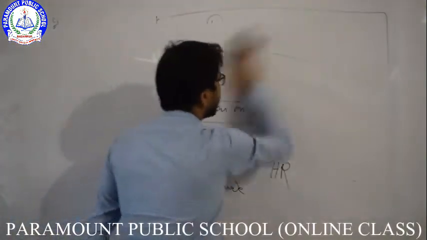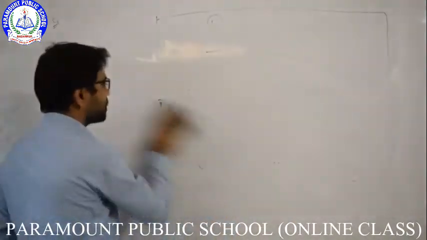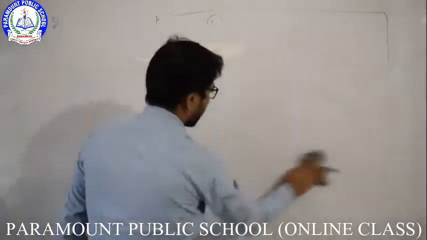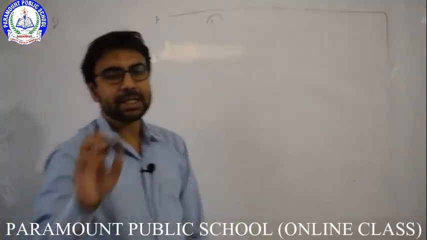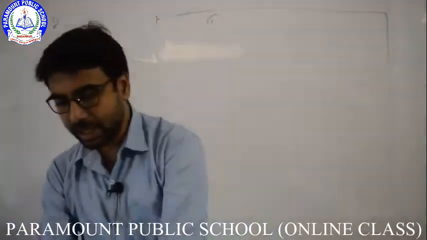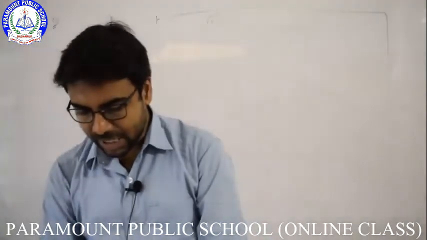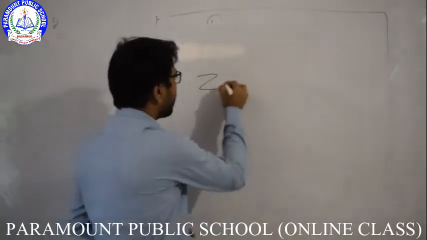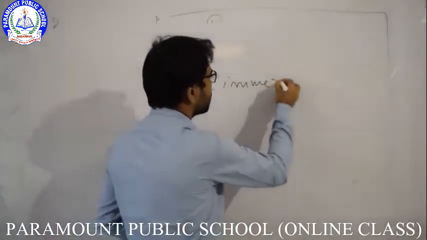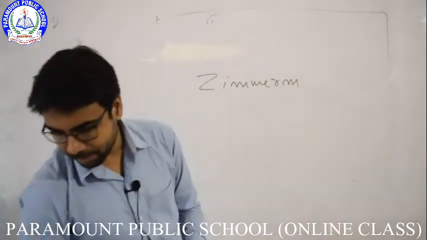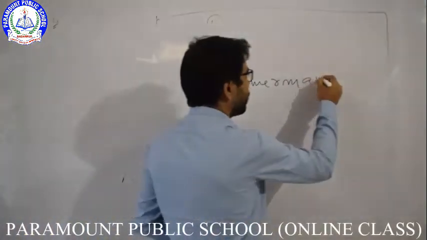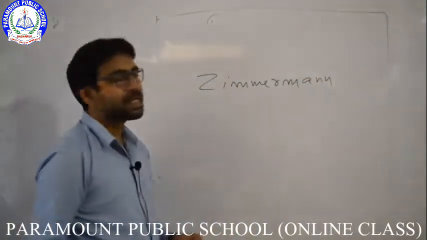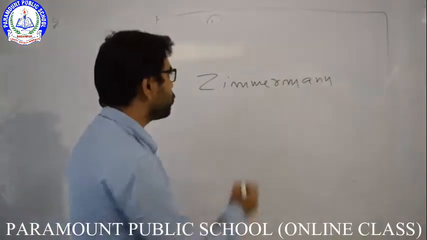You can look at the diagram and you can understand the types in which resources are classified. I will discuss some things on which there is often a chance of getting confused. Remember the name of this man called Zimmerman. Now he said that resources must have two characteristics.